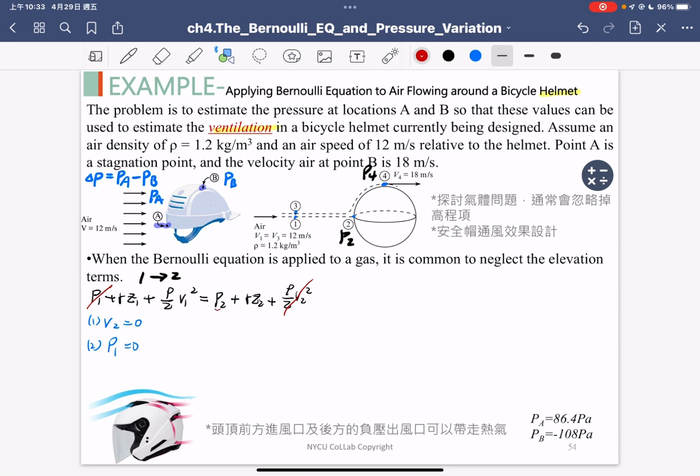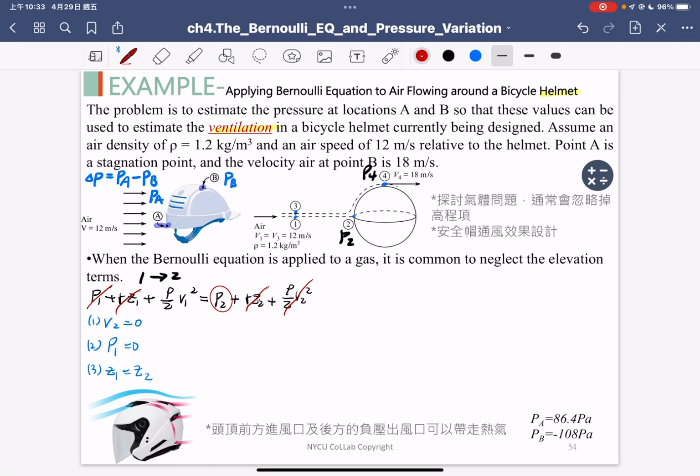And we know the third condition, that Z1 is always equal to Z2, right? Because they are under the horizontal streamline, so there is no elevation difference between points 1 and 2. So we can also remove the Z1 and Z2 terms.